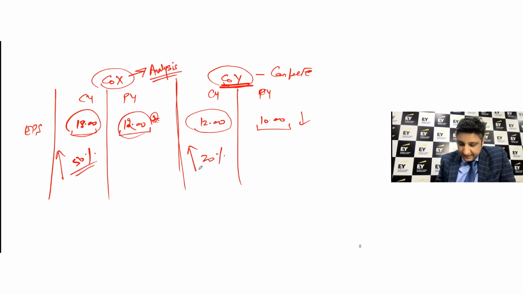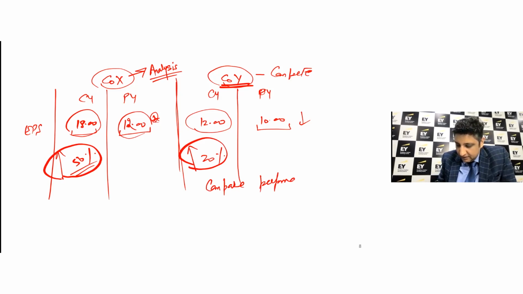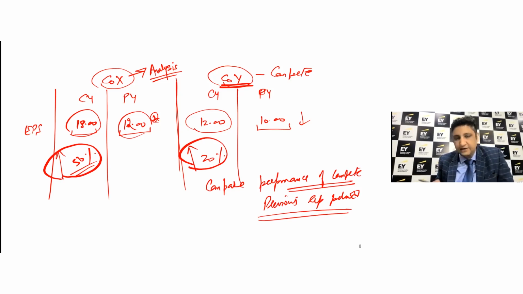The whole idea is that this measurement criteria is helping compare the performance of the competitor as well as that of the comparable period, let's say the previous reporting period in this case, right? So that's how you start looking at the relevance of why probably this standard is required.